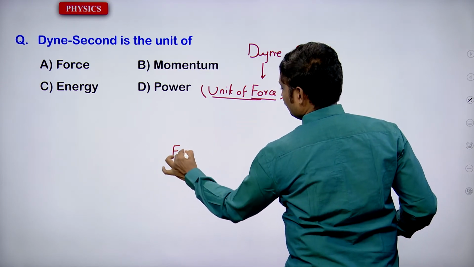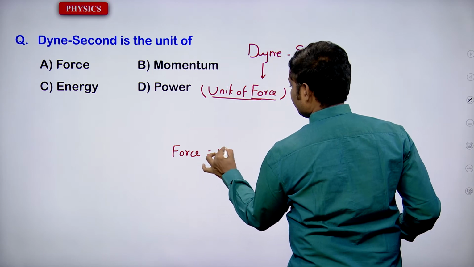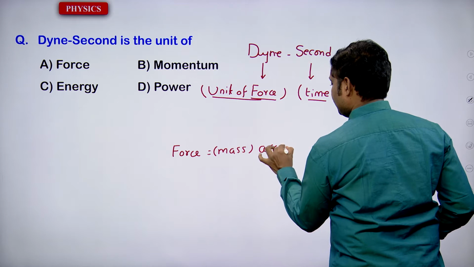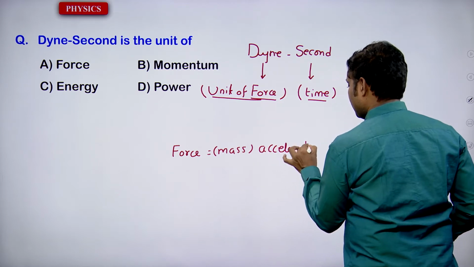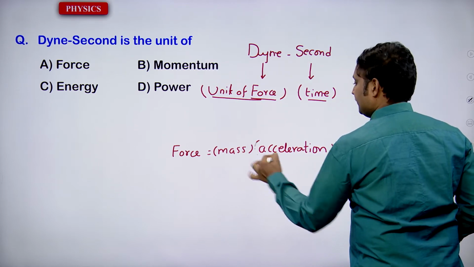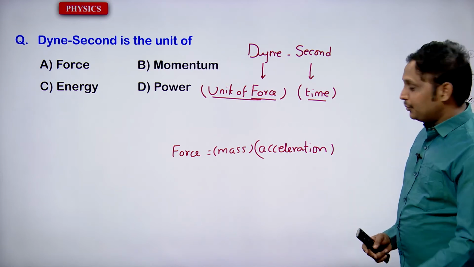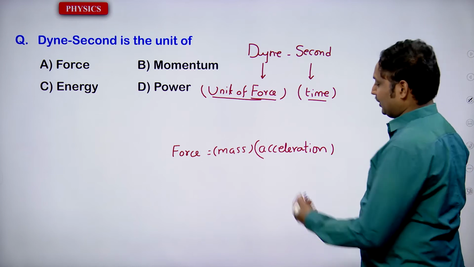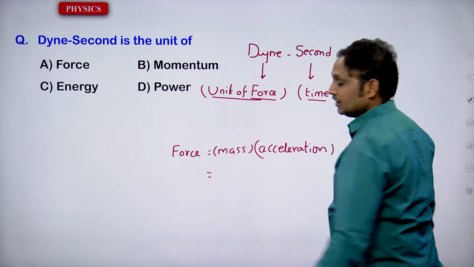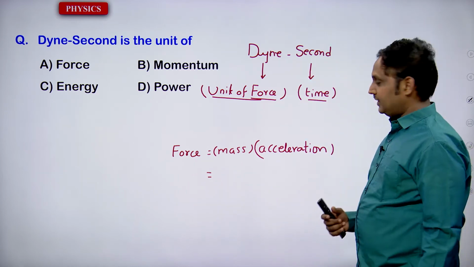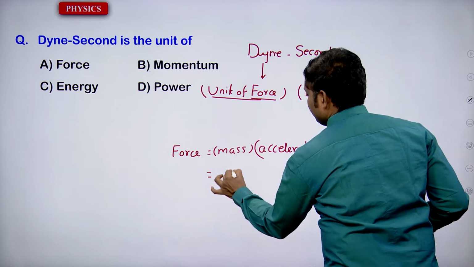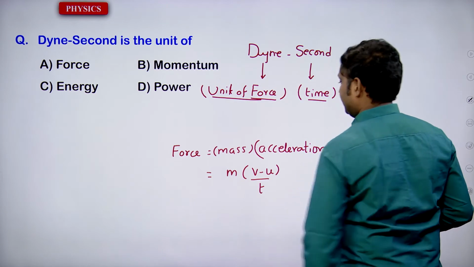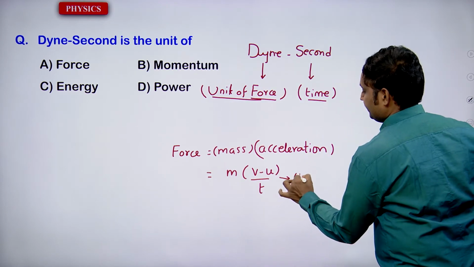Force is equal to mass into acceleration, it is very clear. Acceleration can be represented in terms of u, v and t, so this is going to be m into (v minus u) by t.